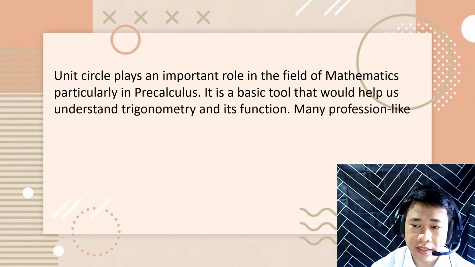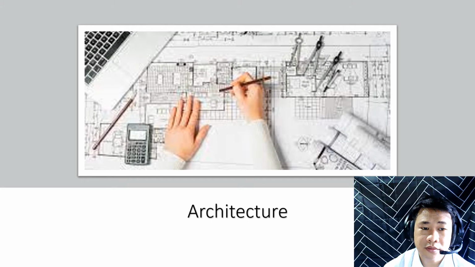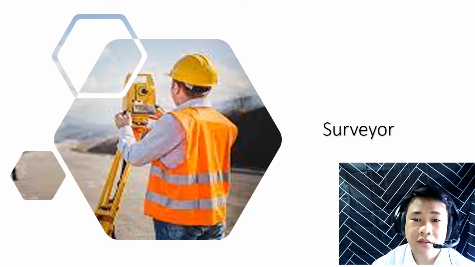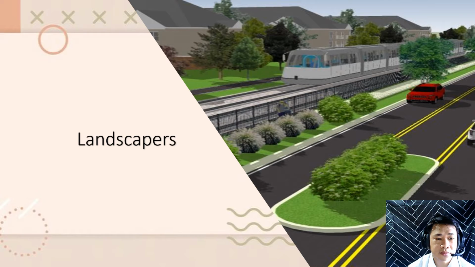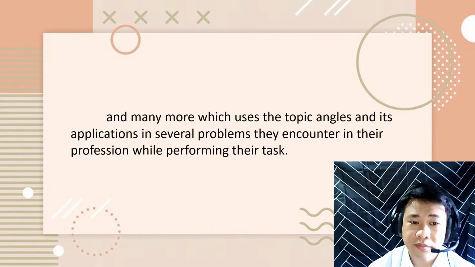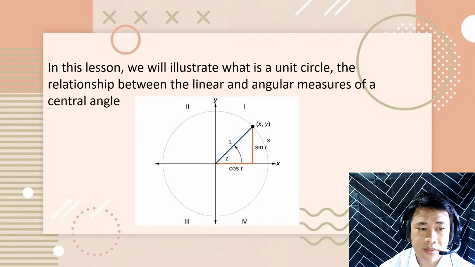Many professions like engineers, architects, surveyors, pilots, designers, landscapers, and many more use the topic of angles and its application in several problems they encounter in their profession while performing their tasks. In this lesson, we will illustrate what a unit circle is, and the relationship between the linear and angular measure of a central angle.